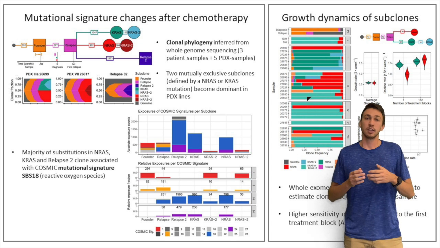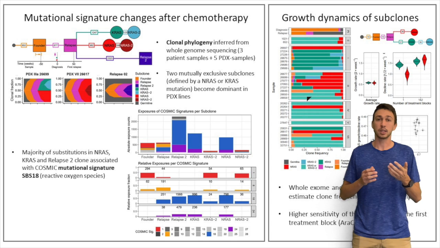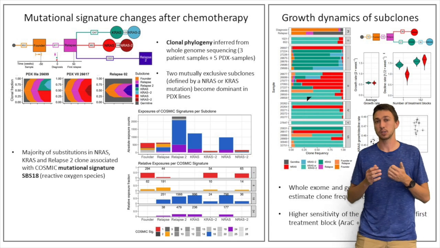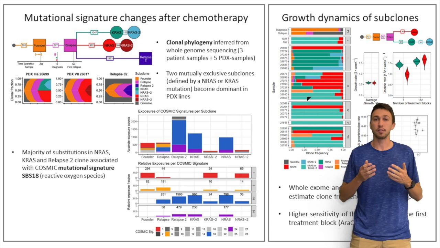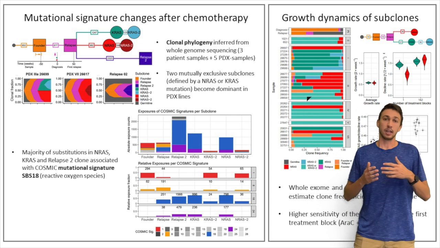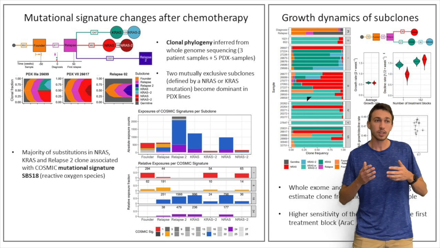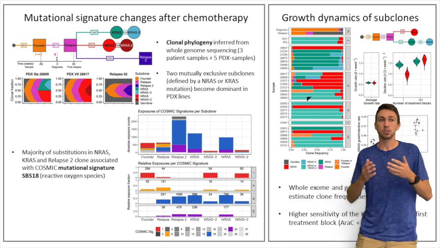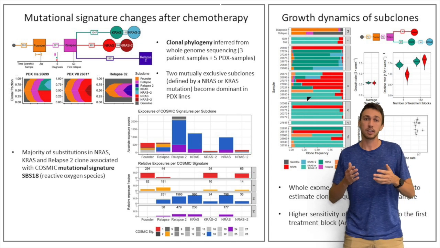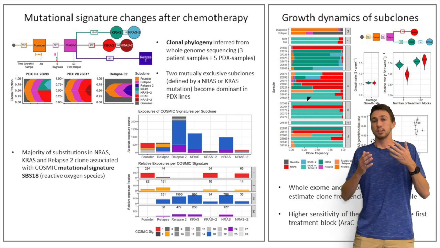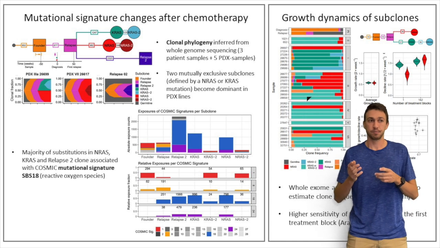In contrast, the substitutions for clones that arise after chemotherapy, so especially the relapse 2, NRAS and KRAS clone, showed an excess of signature 18, which is known to be associated with reactive oxygen species. So this shows that the exposure to chemotherapeutic agents could lead to a non-endogenous mutational regime that results in these similar patterns in both the patient and the PDX lines.